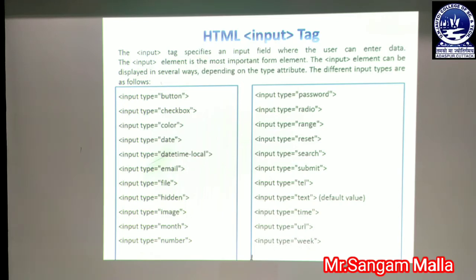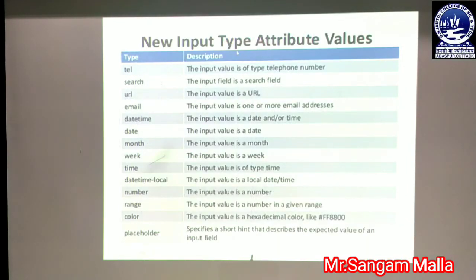So these are some of the input types that can be used within an input tag in order to create a form. There are many such input types which are required so that the user has the capability to give input. Now we will be moving to different input type attribute values.